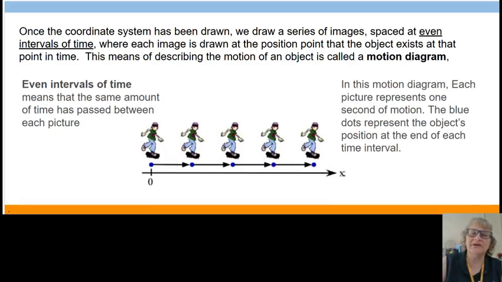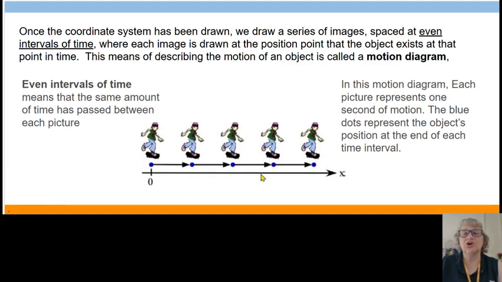Once you've gotten the coordinate system down, we can draw a series of images, spaced at even intervals of time. Okay. So in our picture here, each dot is 1 second apart or 1 minute apart, possibly. So the position of the object is marked at the same interval of time.